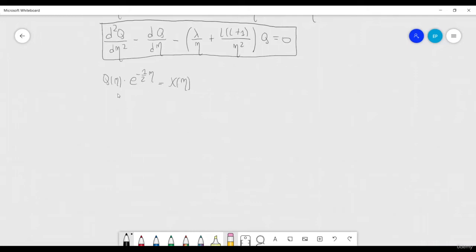But we don't care about this now, we care about q of eta. And if you recall also, q of 0 is equal to 0. So we have to remember this, and we have to seek a solution to that equation.